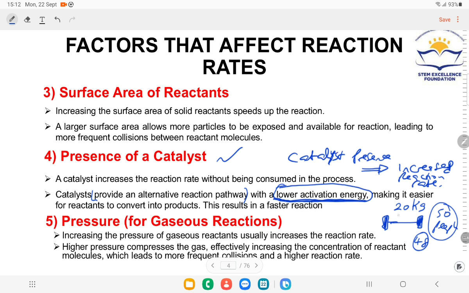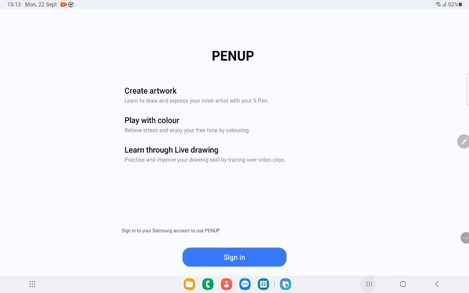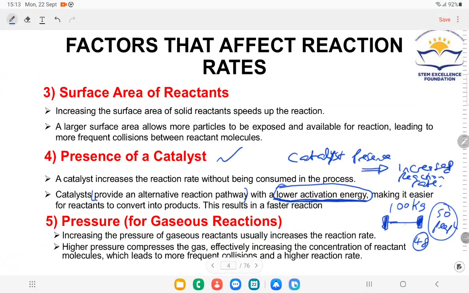So at first, we had this pathway, 100 kg, so we only had like 6 people who were able to lift that.